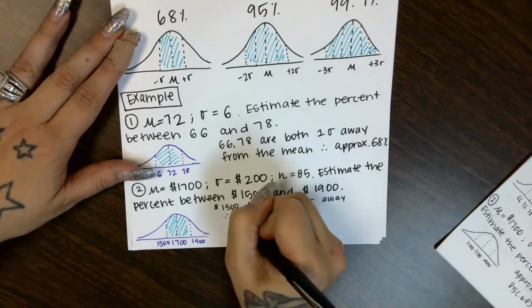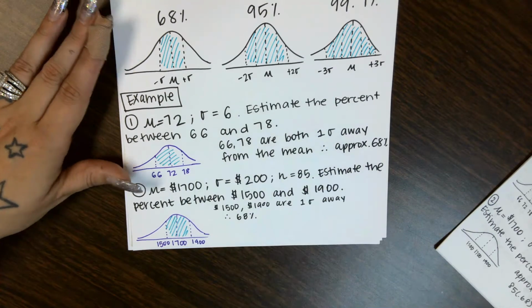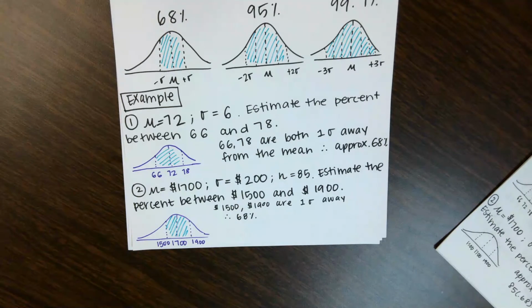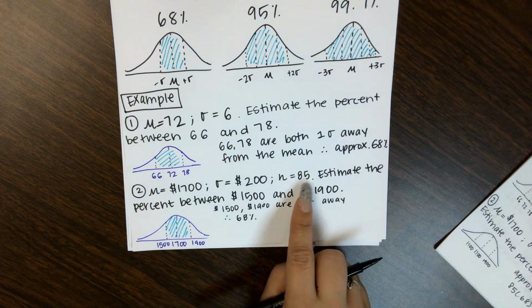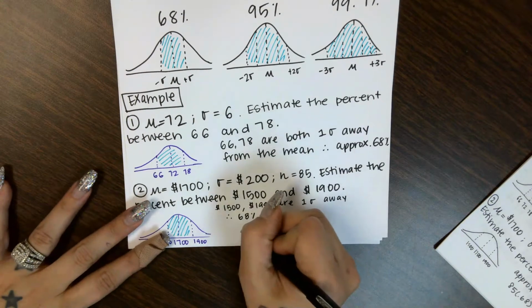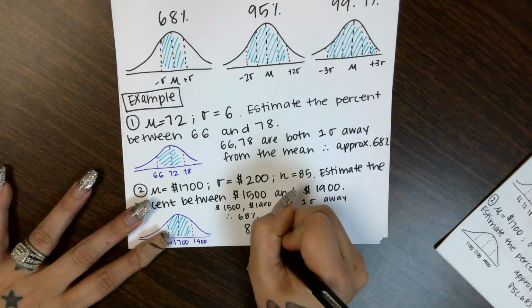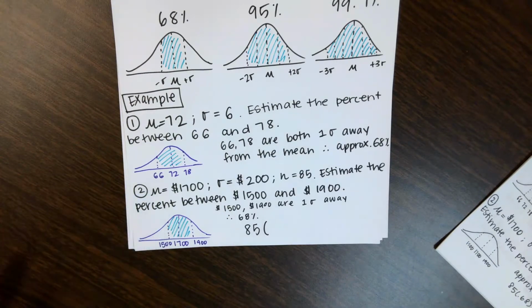Therefore, 68%. But you don't stop there because I actually have a sample size. What I need to do to answer this question completely is figure out what is 68% of 85. And the way you do that is you take your n and you multiply it by 68% turned into a decimal, so 0.68.